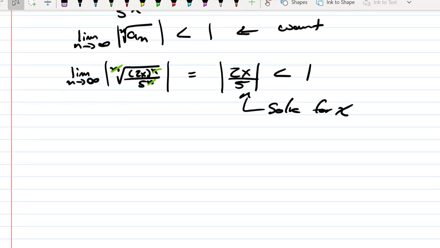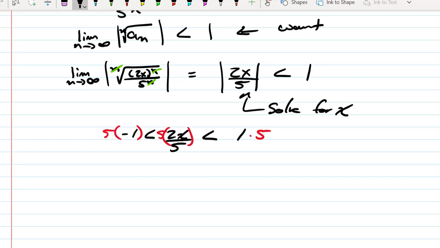To solve our absolute value inequality, we have -1 is less than 2x over 5 is less than 1. And then we need to isolate x. If we multiply each part of this by 5, that gives us -5 is less than 2x is less than 5.